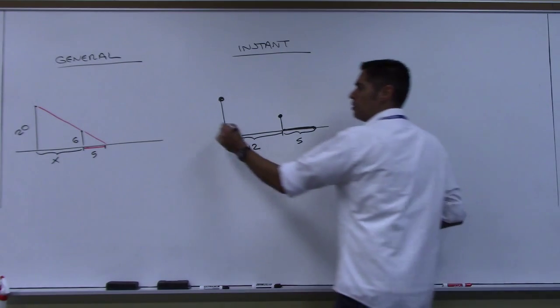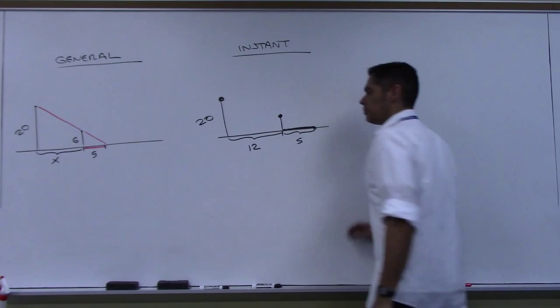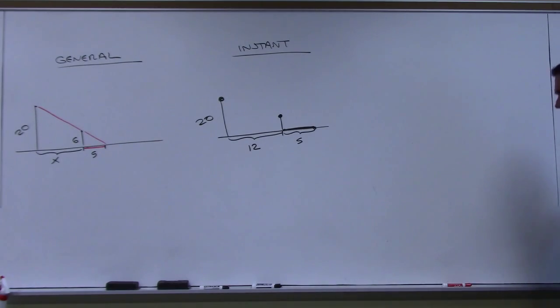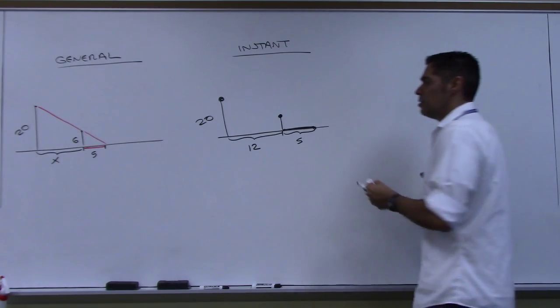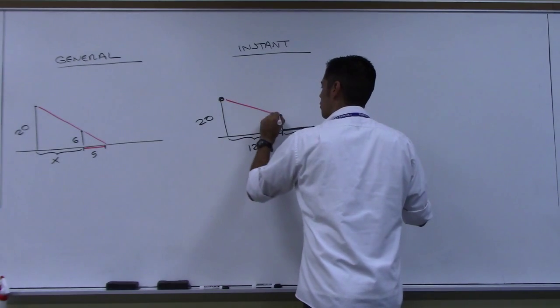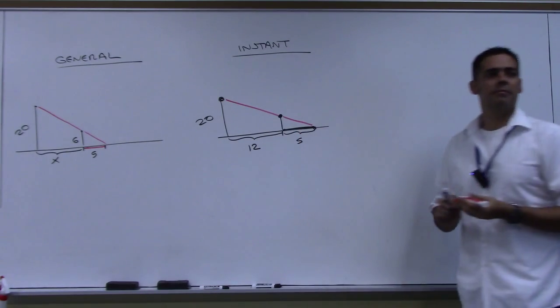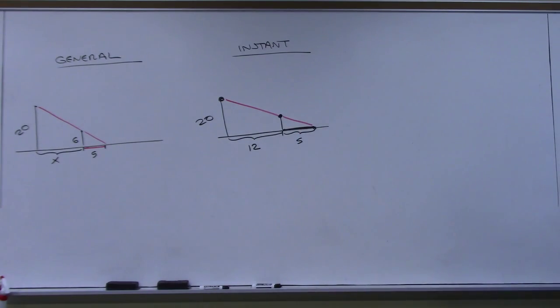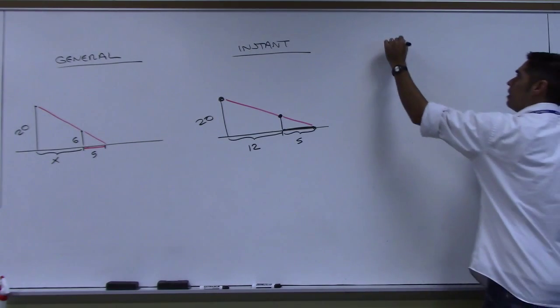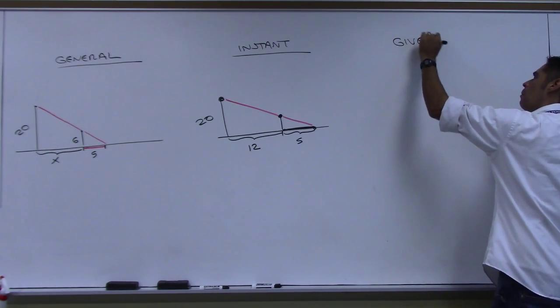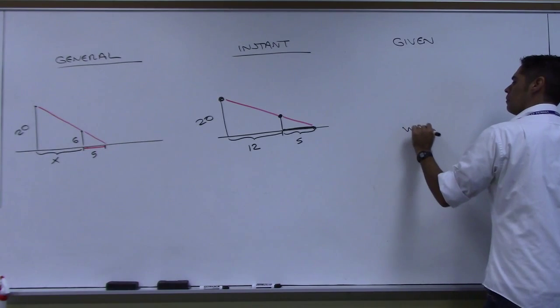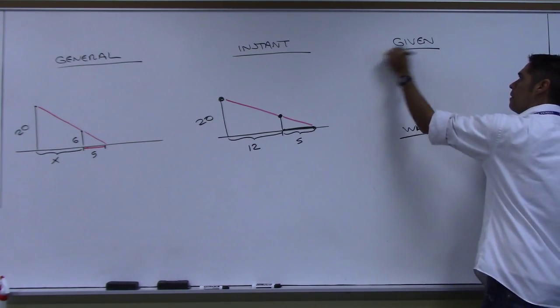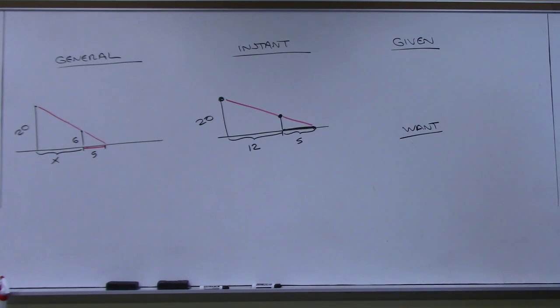The 20-foot pole doesn't change. The line connecting the two does change, right? This line connecting that. Also thinking about what I'm given and what I want. What am I given? dx/dt.